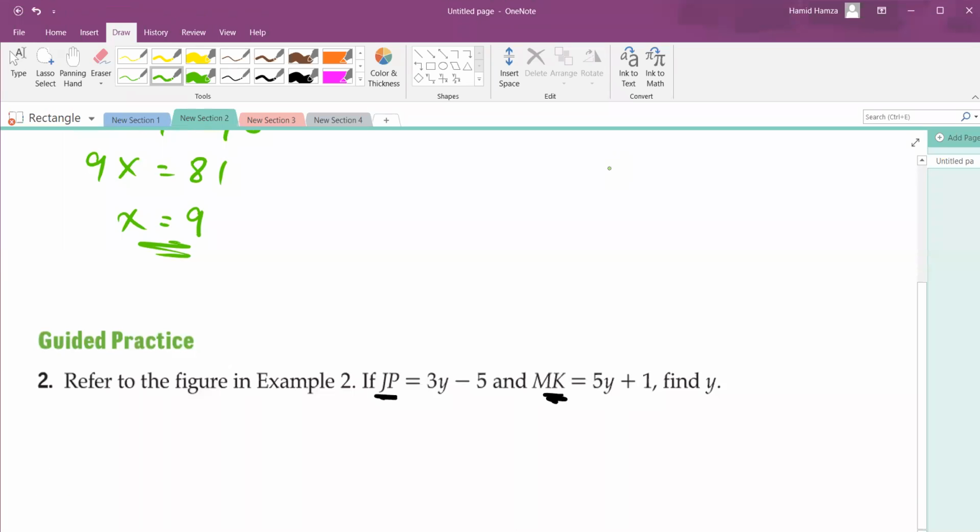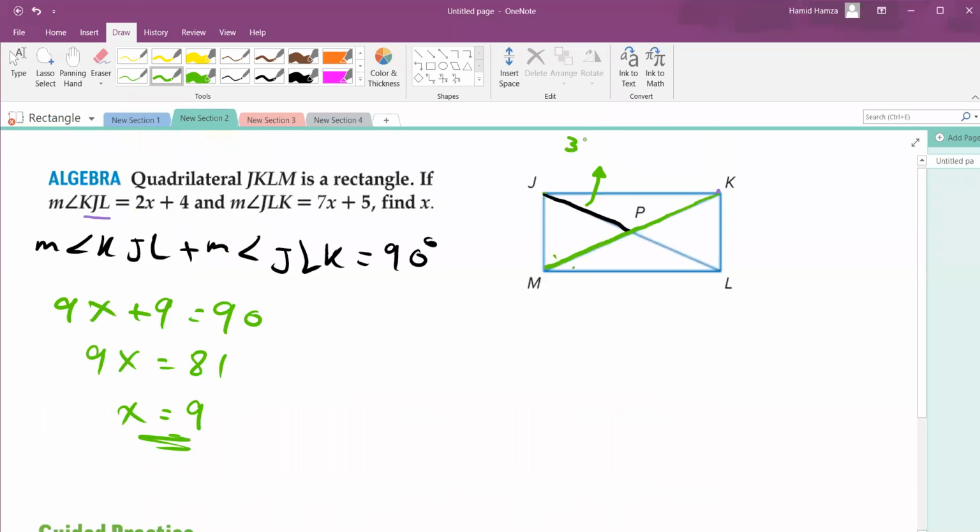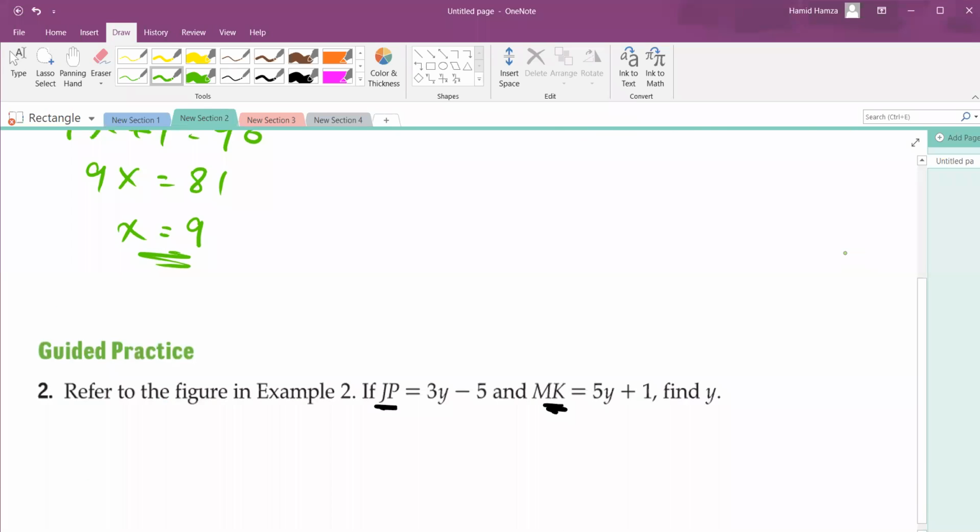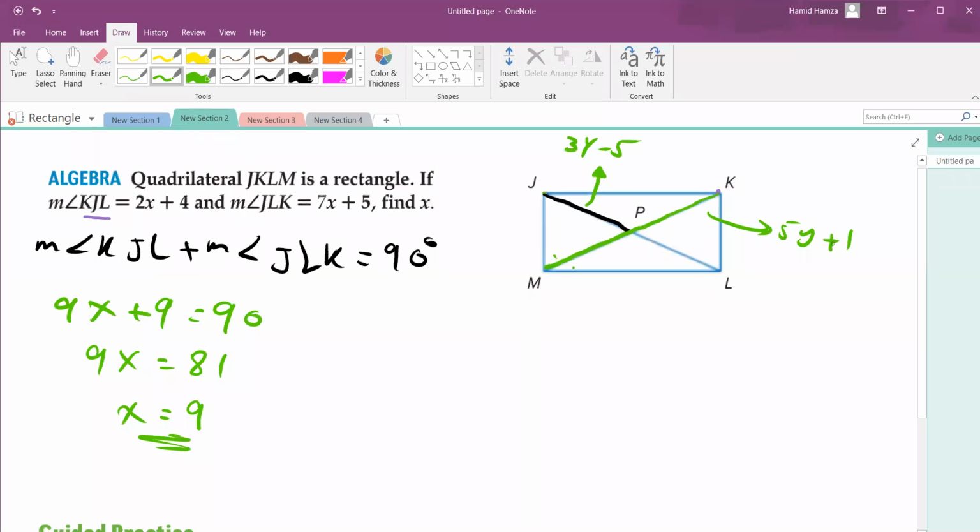This black one is 3y minus 5, and the whole diagonal is 5y plus 1. I need you to think about the relation between these two lines. KB and JP are equal, KP and JP are equal, and MP equals JP. All of them are equal.